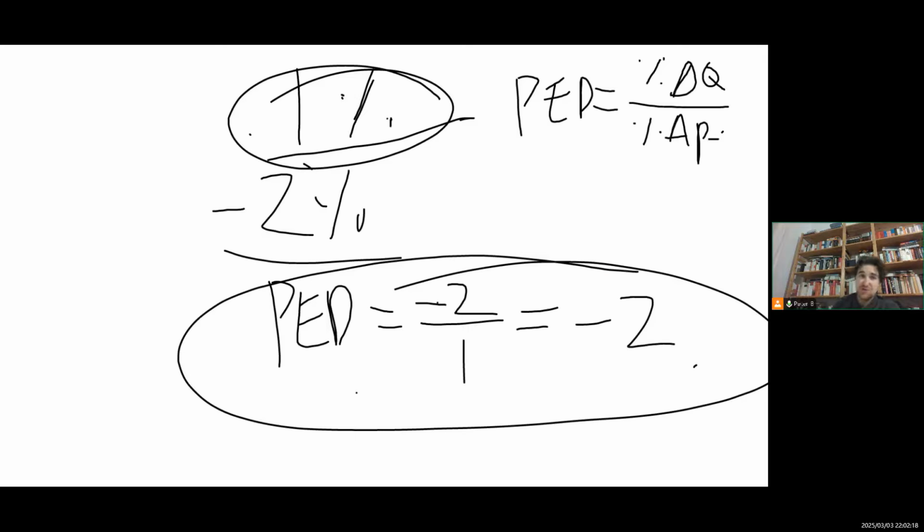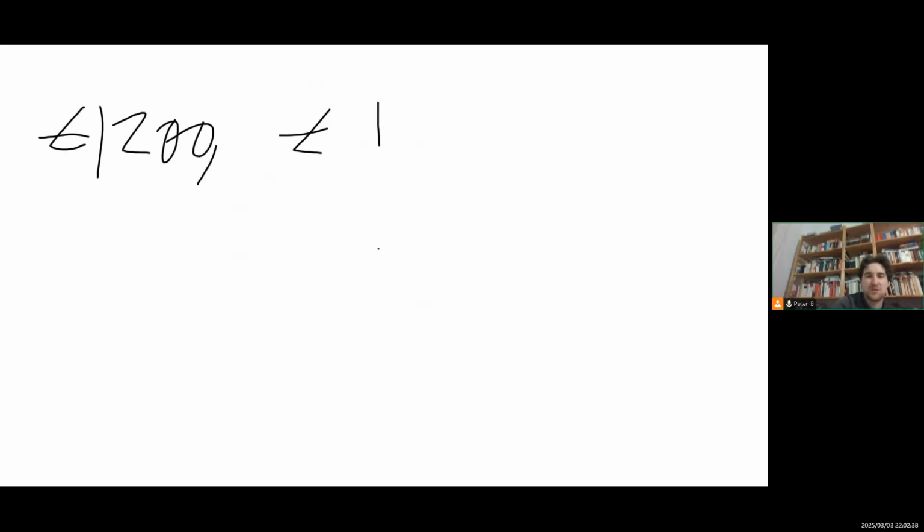Now, often questions won't just give you percents, because that would be nice and straightforward and they need to make life difficult for you. So they might just give you other numbers and you would have to work out the percents. But you work out percents in the usual way. So if something's gone from £1,200 to £1,400, what's the percentage change? Well, how much has it changed?